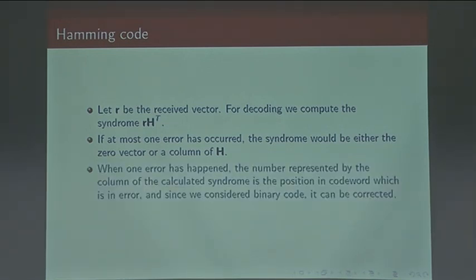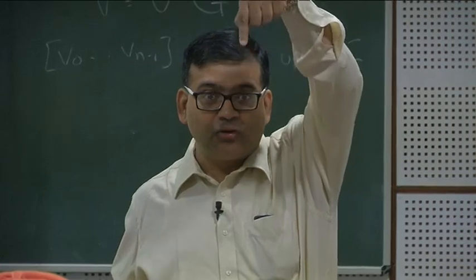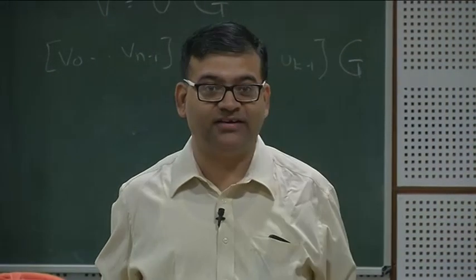I will give an example to illustrate this. So, whenever one error happens, the number represented by the column of the calculated syndrome is the position where the error has happened. So, syndrome will tell you a number, that number tells, look at that column, that is the column where the error is.